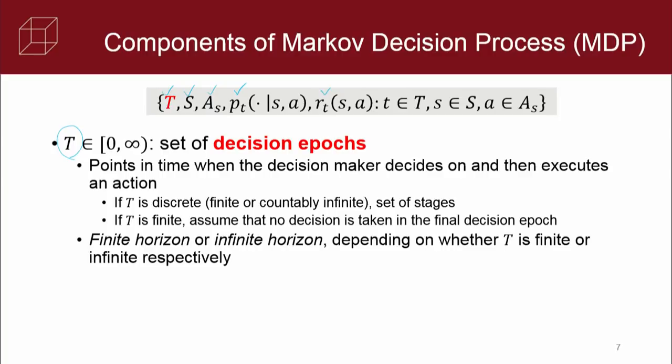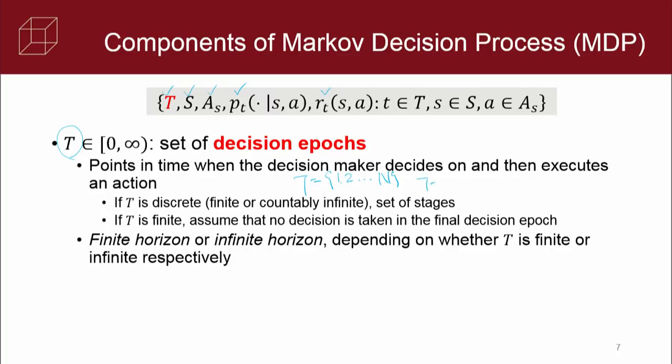Decision epochs are the points in time when the decision maker decides and executes actions. We mainly consider the Markov decision process with discrete T, which means the elements of T are finite. So you can say T is equal to 1, 2, up to n. That means this is finite, or countably infinite.